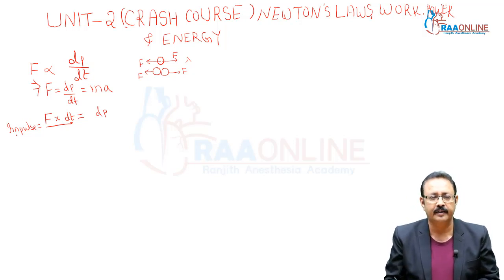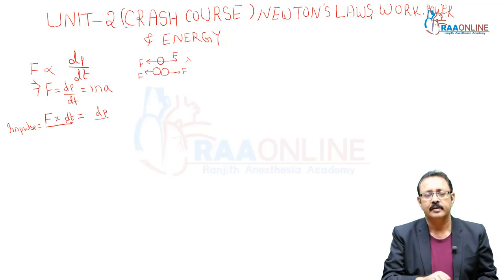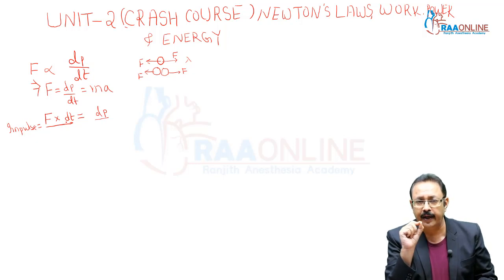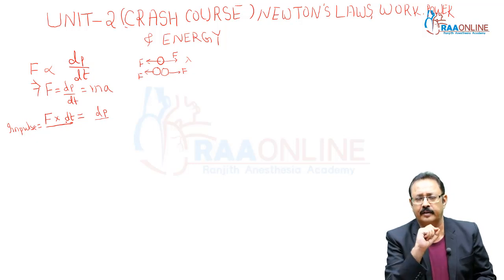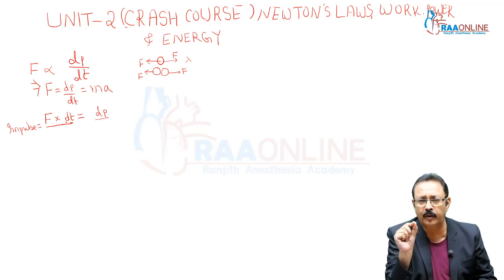You know that force into this time interval is equal to change in momentum. Suppose the mass of the ball was m and velocity was v. He wants to catch the ball, he wants to make the momentum of the ball 0. Initial momentum was m into v.